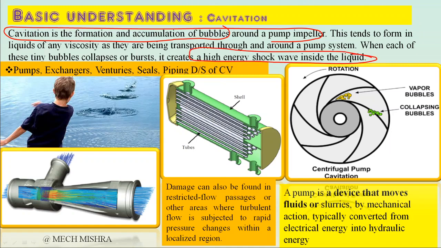So when there is accumulation and formation of bubbles around the metal surface, it may be a pump casing, pump impeller, exchanger tube or venturi.